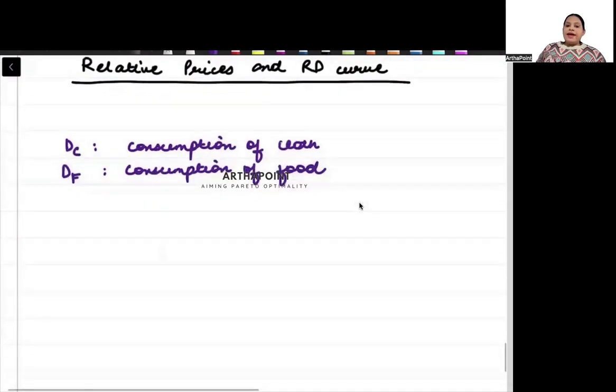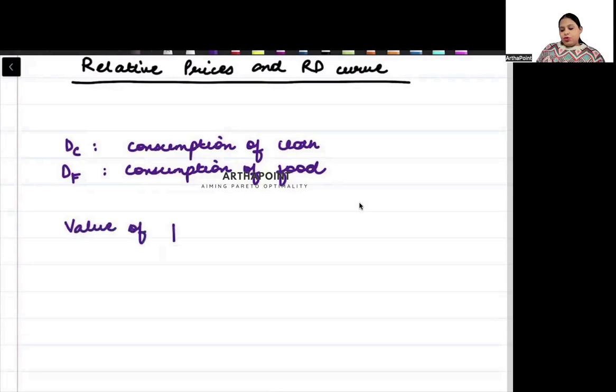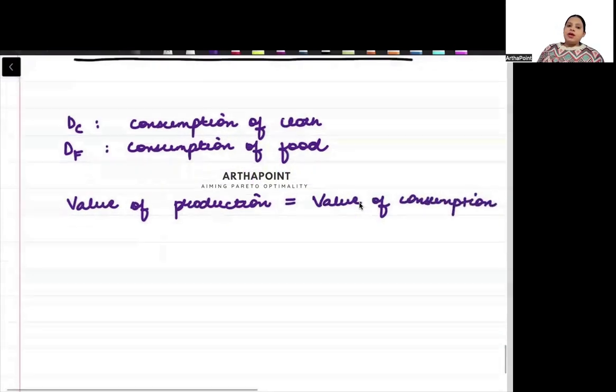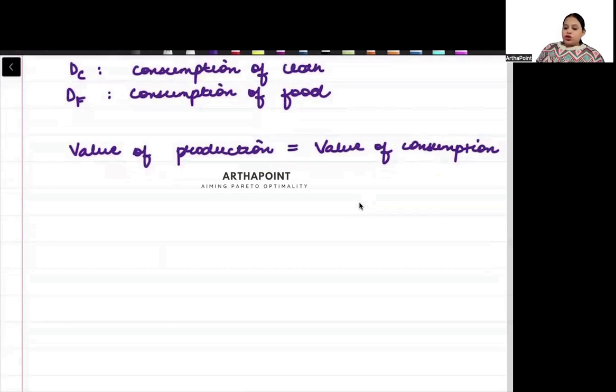Right? And of course, we know that for markets to clear, the value of production should be equal to the value of consumption. Right, beta? And what is the value of production?